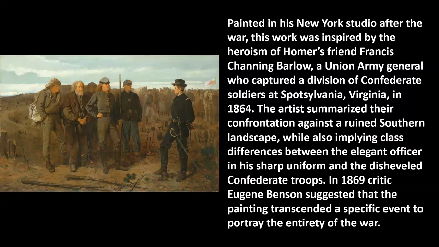The artist summarized their confrontation against a ruined Southern landscape while also implying class differences between the elegant officer in his sharp uniform and the disheveled Confederate troops. In 1869, critic Eugene Benson suggested that the painting transcended a specific event to portray the entirety of the war.